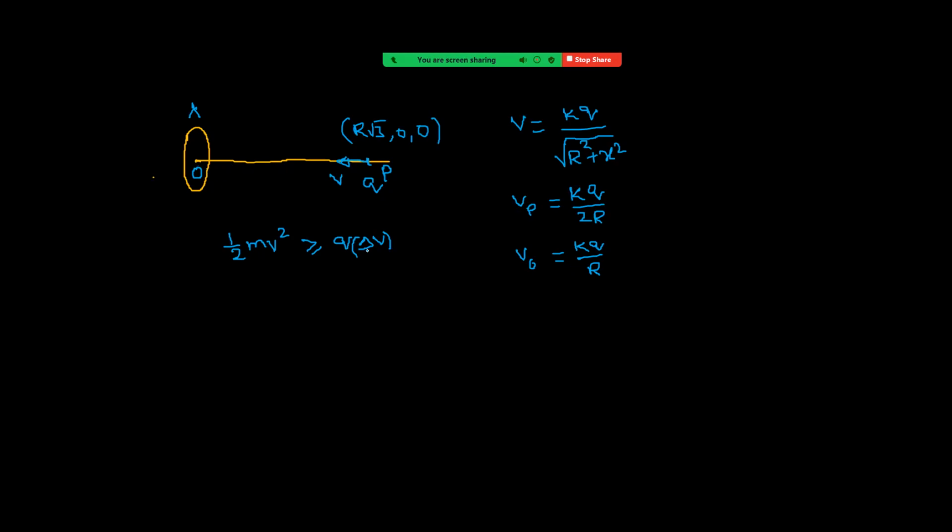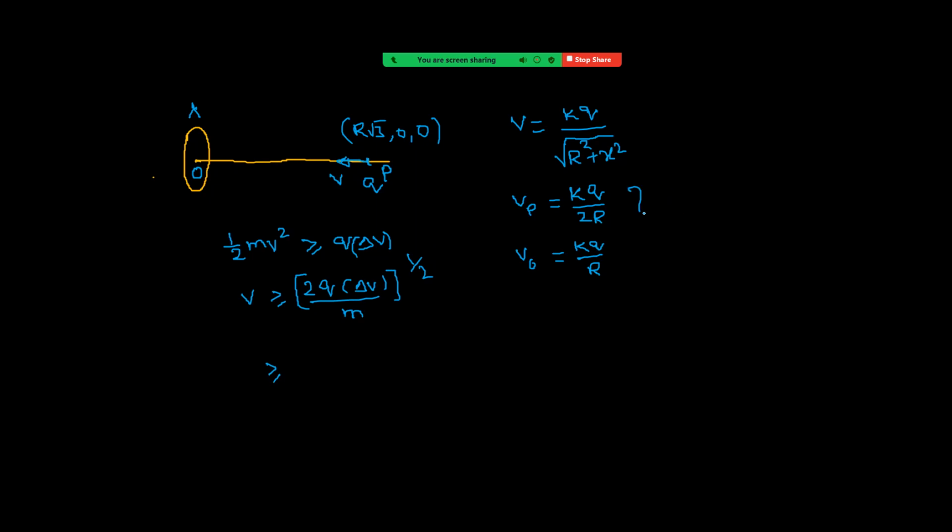Now we find delta V. Then half m v square should be greater than or equal to q delta V, so v is greater than or equal to the square root of 2q delta V by m, with power 1 by 2. Now substitute the values.